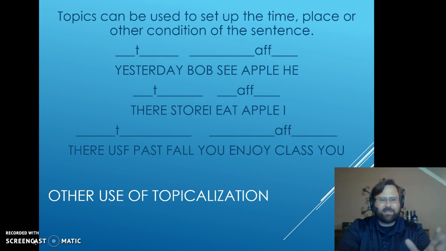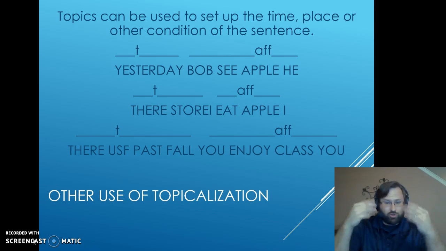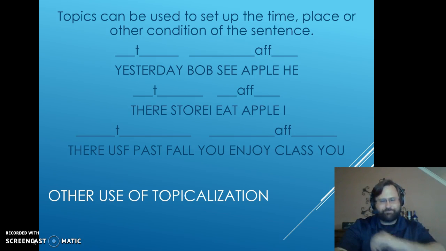So in these sentences, you have this extra information that's not a part of the main sentence. It's not the subject, the verb, or the object, but that gives additional information about that. The time, yesterday, the place, there, store, at the store, or perhaps the time and the place, there, USF, last fall.